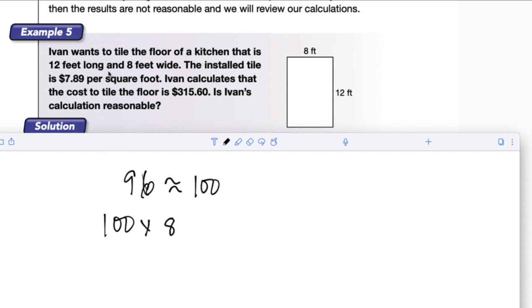So basically that's like $8. So already you see that Ivan has really underestimated, because apparently the fancy tile he wants is going to cost about $800 to do the entire thing. So I'm going with his calculation is not just unreasonable, it's woefully unreasonable.